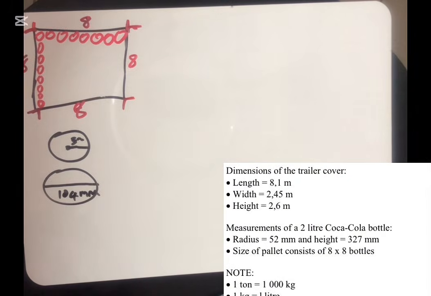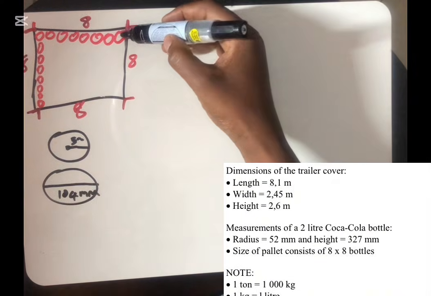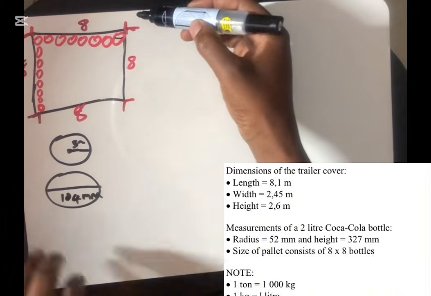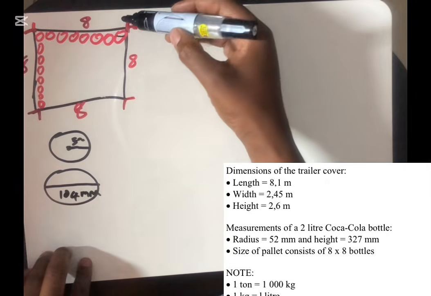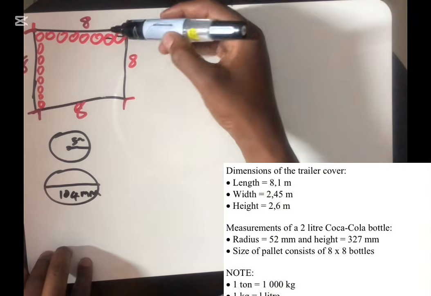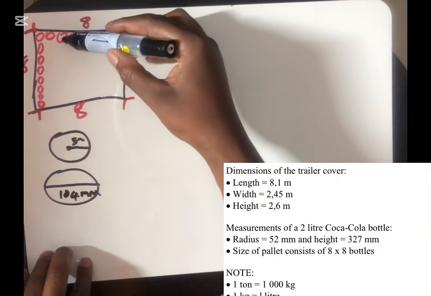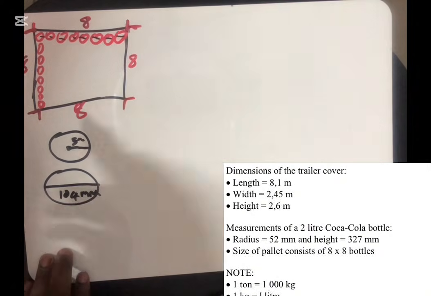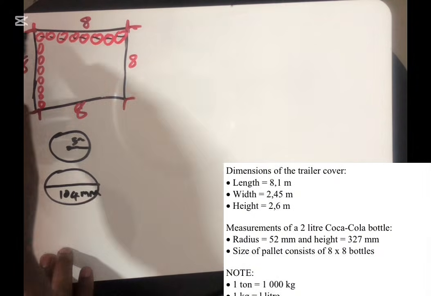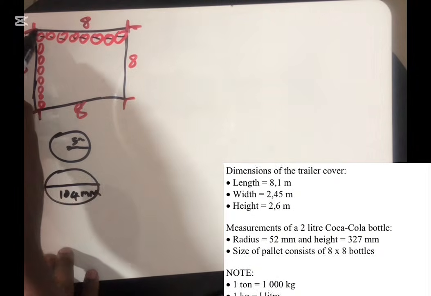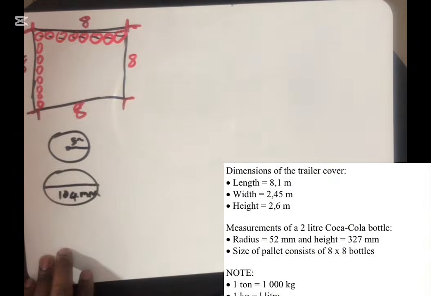So now we do have the diameter in millimeters. Another thing we should understand is that we are having the diameter of the first bottle, the second bottle, the third one, the fourth, up to the 8 bottles. When we combine the diameter of these 8 bottles, we are able to get the length here.